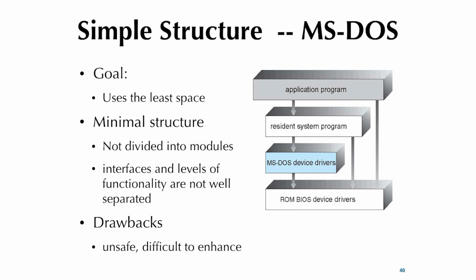And so that's a very simple structure, minimum structure, and not really divided into modules. Everything just mushed together. The block diagram here is drawn just for conceptual purposes, but in the code it's not organized like that at all. And it's definitely unsafe. If you have a program crash, the whole system goes down.